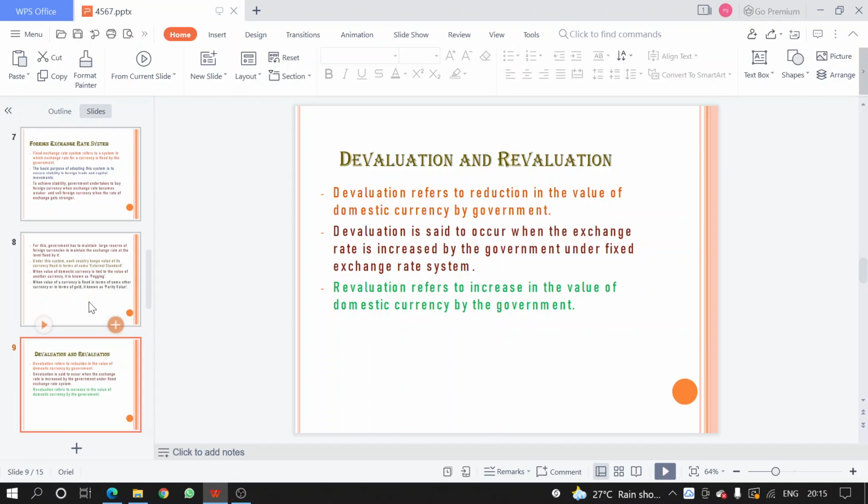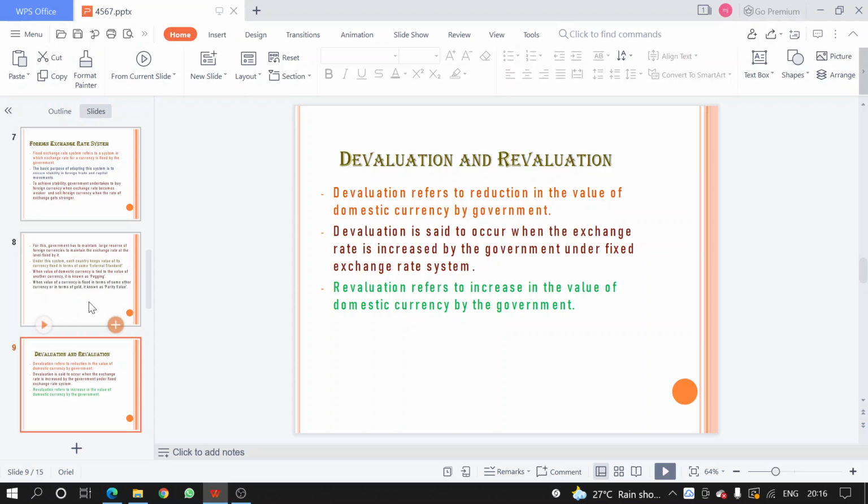Now, there are two terms. Students always get confused between depreciation, devaluation, appreciation and revaluation. Students, devaluation refers to a reduction in the value of domestic currency by the government, whereas depreciation is by the market forces. Devaluation is said to occur when the exchange rate is increased by the government under the fixed exchange rate system.